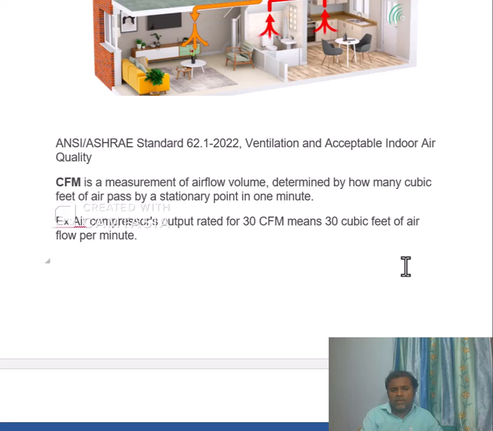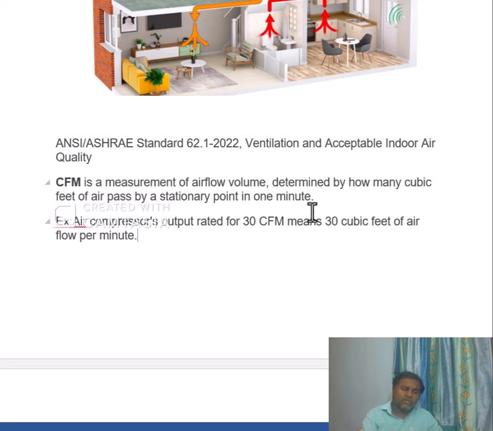So coming to the ventilation systems, the standard is ANSI/ASHRAE Standard 62.1, 2022, Ventilation and Acceptable Indoor Air Quality. This is the ventilation standard we are using and applying.